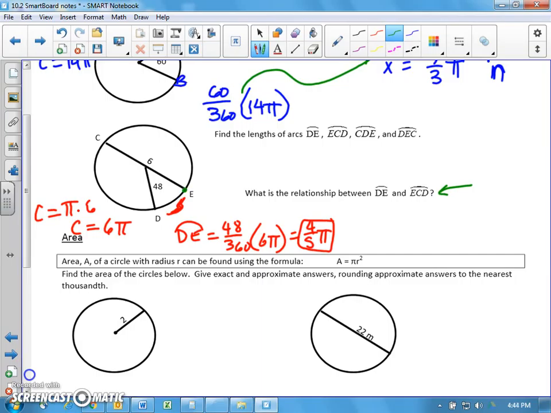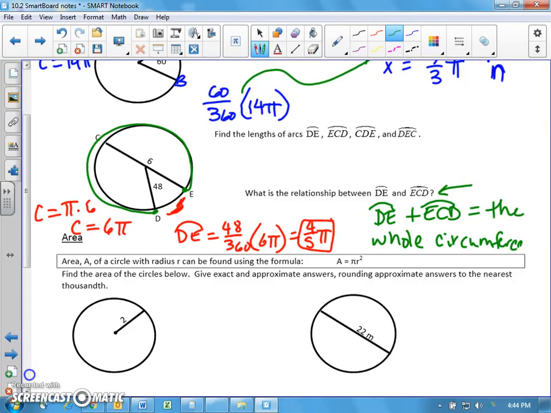ECD means I'm going to start at E, go through C, and not stop until I get to D. So if you look at this, this is all of the circumference except for the piece from D to E. So what we want to look at here is that arc DE plus arc ECD would be the whole circumference.